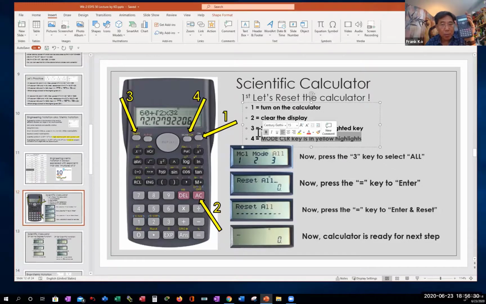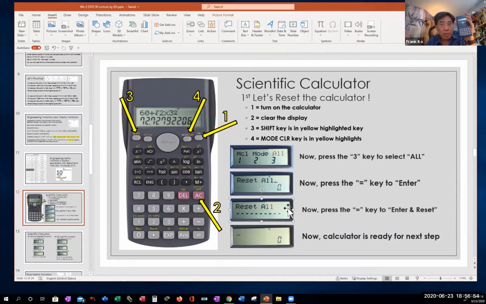When you do that sequence, you will see this display that shows these options. Here, you want to press 3 to select all. Then you will see this display. Then you will click the equal key at the bottom right of your calculator to enter the reset all function.